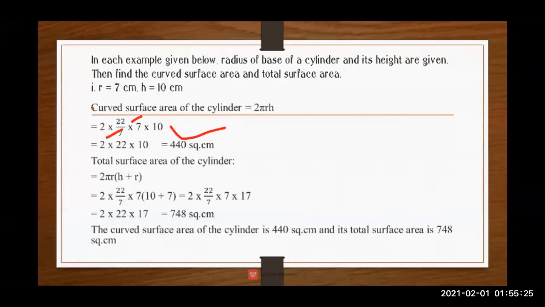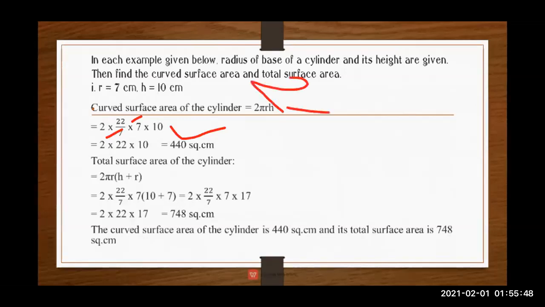So here will be 2 into 22 upon 7 into 7. First we will solve the bracket and then afterward the cutting part. 10 plus 7 will become 17.